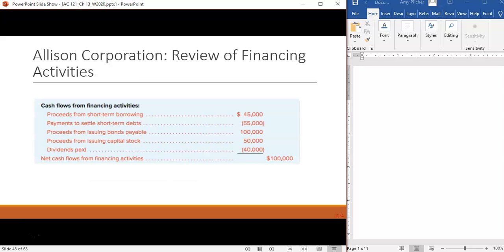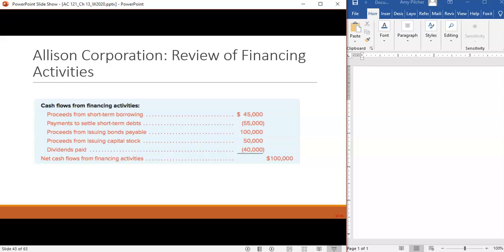So this is our financing activities. We have proceeds from short-term borrowing: we received $45,000 in cash by taking out a short-term loan. We paid out $55,000 to settle our short-term debts. We issued bonds of $100,000. We sold stock, and we paid a $40,000 cash dividend.